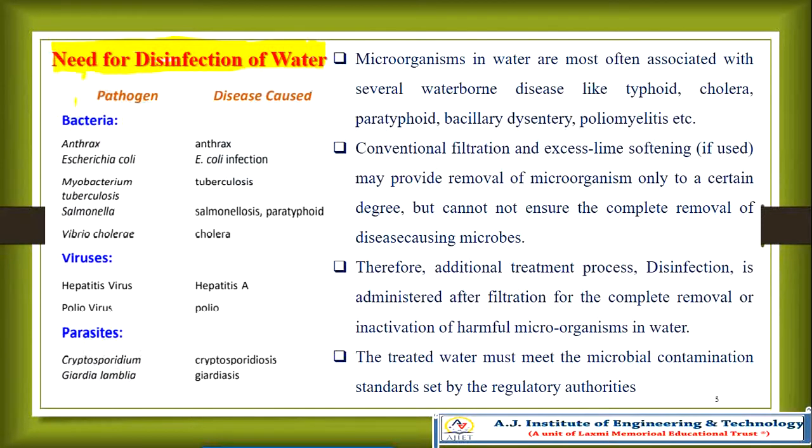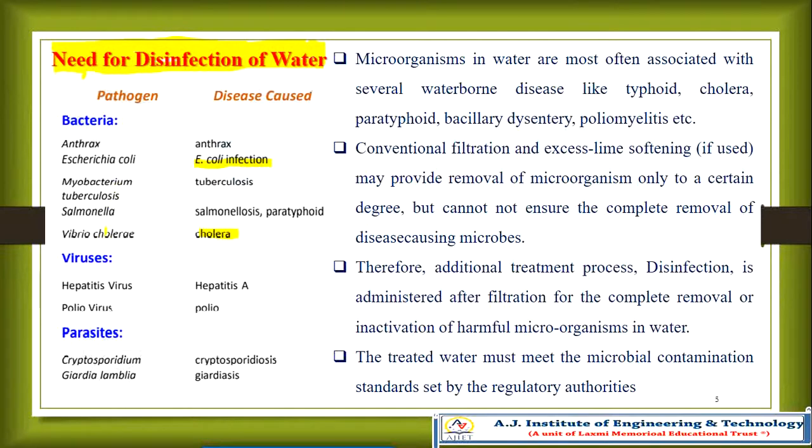Now, pathogens: bacteria cause diseases like anthrax. E. coli infection is caused by a bacterium. Cholera is caused by Vibrio cholerae. Salmonella causes typhoid.